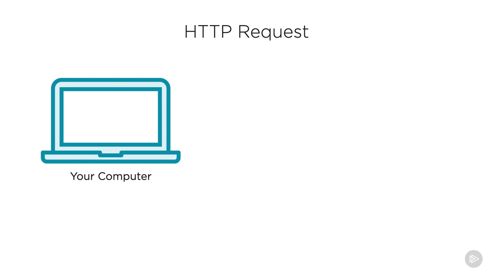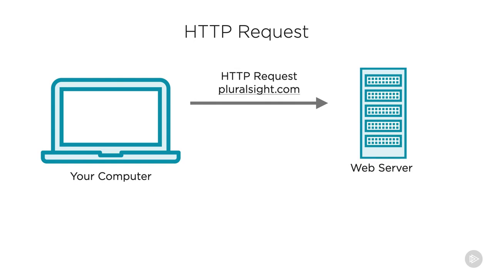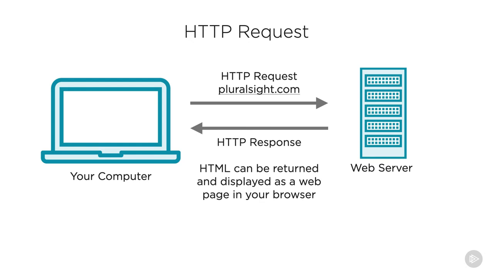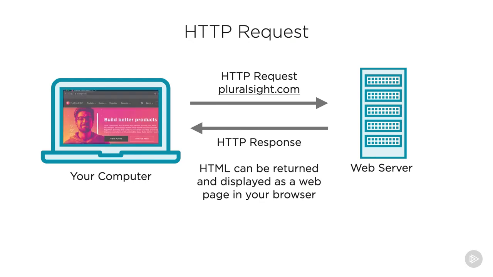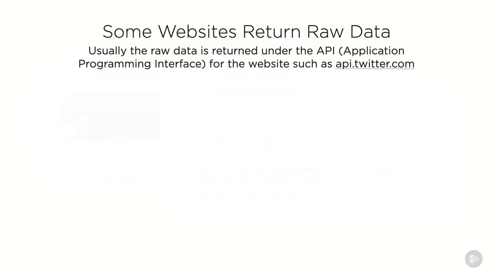websites on the internet. You send a request to view a certain site, like pluralsight.com, for example. Then the web server can return HTML that is then displayed as a web page in your browser. Some websites return raw data, and usually that raw data is returned under the API, which stands for Application Programming Interface, for the website.